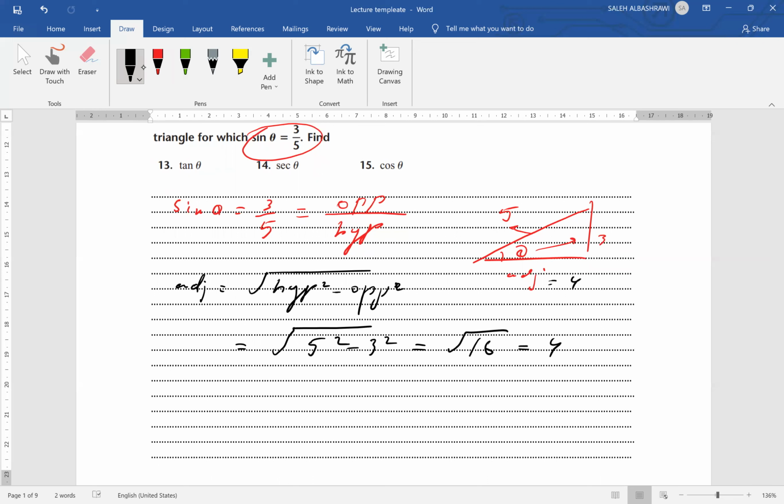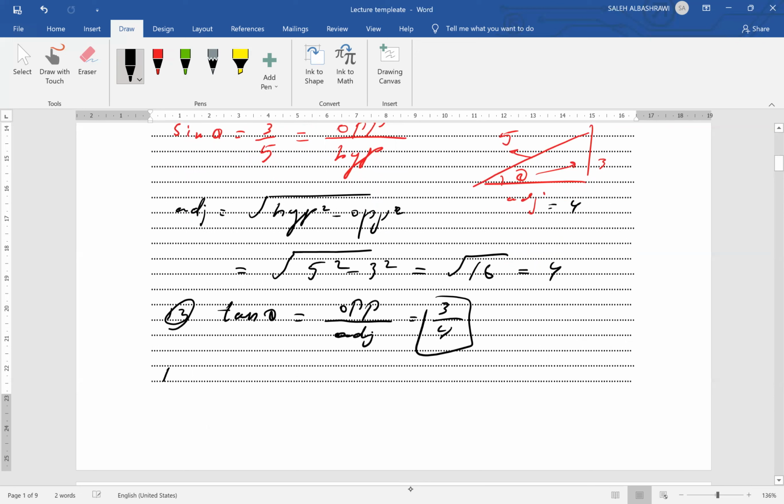Starting with the first one, number 13, I need to find tangent theta. Tangent theta is equal to the opposite divided by the adjacent, which is 3 divided by 4. So it is 3/4. For the second one, secant theta is defined by the hypotenuse divided by the adjacent, which is equal to 5/4.